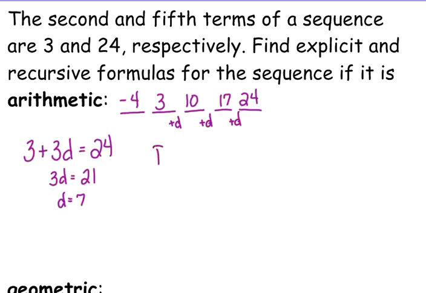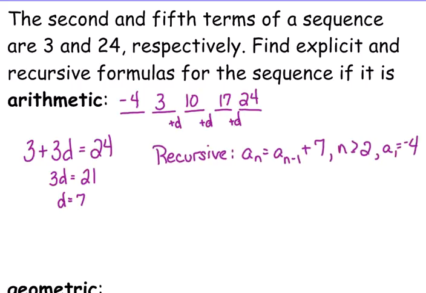So if I write my recursive formula, that would be a sub n is equal to a sub n minus 1 plus 7, n is greater than or equal to 2. A sub 1 is equal to negative 4.